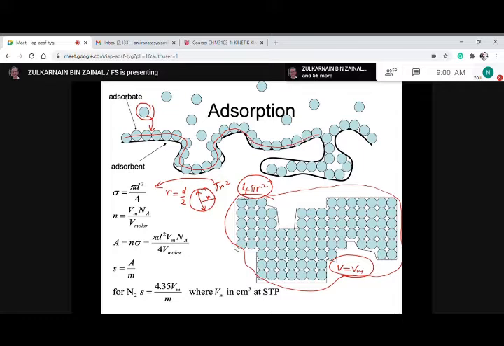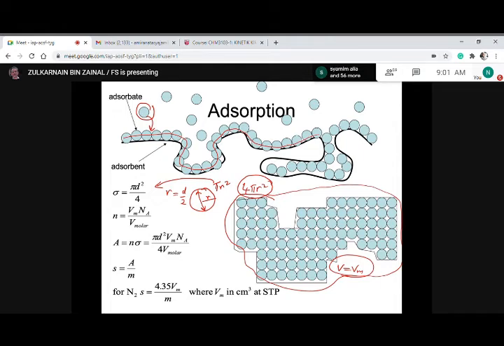And then Vm divided by V molar will give you the number of moles of gas, right? Because V molar is the volume for 1 mole of gas.